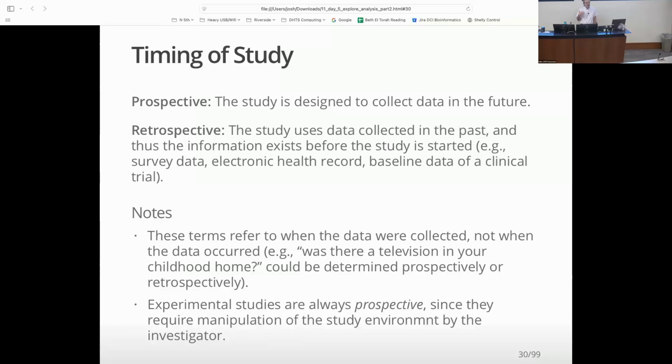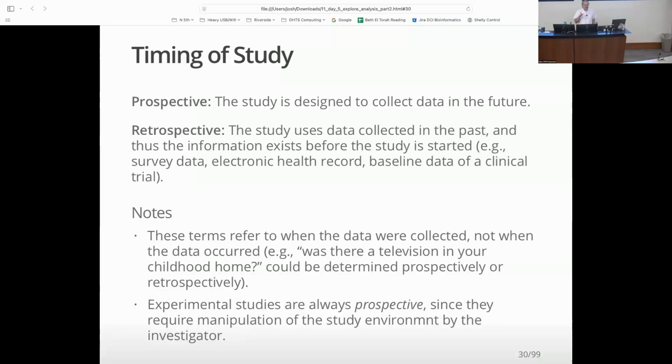So you're using existing data, right? That existing data can be survey data from a study that was previously done. It can be from an experimental study, or from an observational study, but it's data that was collected before the study was done. So survey data, electronic health record data, things like that.